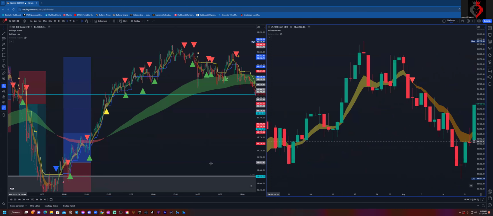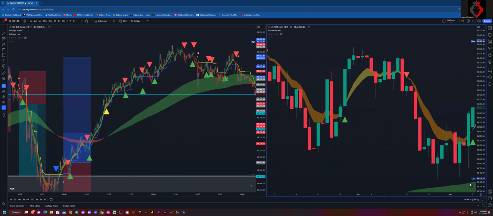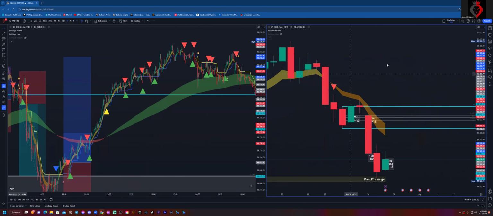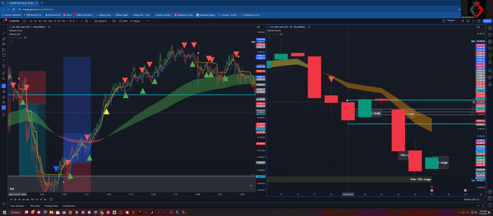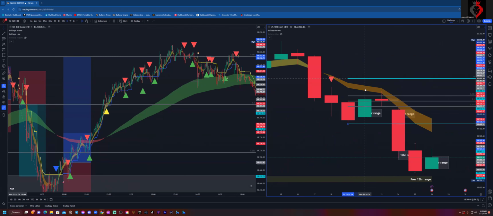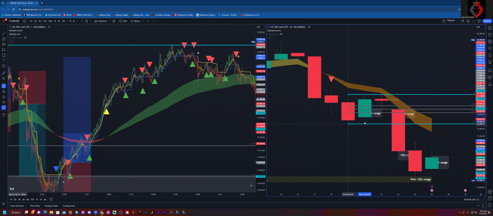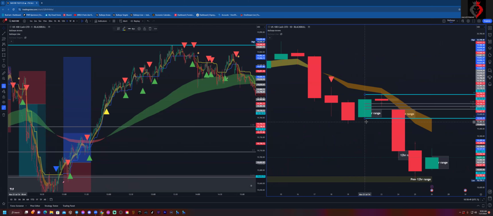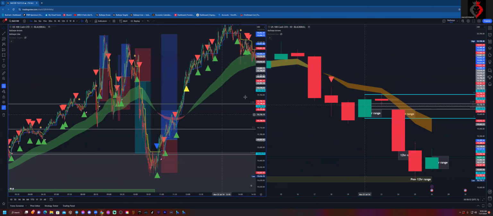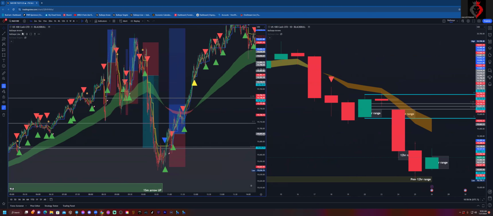So what I want to do is come here to fast forward my daily level. Now here's the high, and there's the low, Monday low. All right, and just pay attention to how price reacted to that 12-hour range.